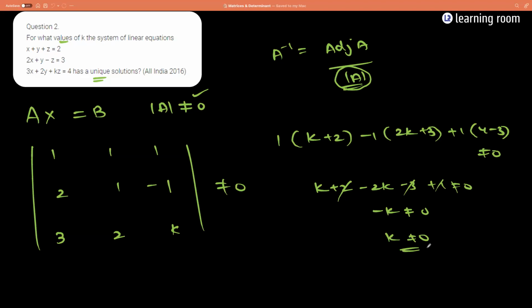K should not be equal to 0, which means k can take any real number except 0.